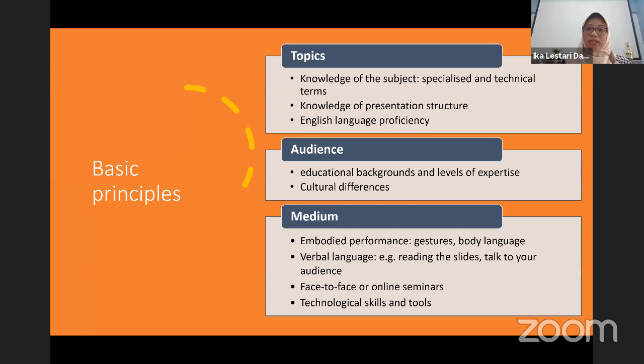We need to know whether it is specialized or more commonsensical. Because when we talk about something more specific, we might need to explain some technical terms relevant to the subject or to the field that we are presenting.